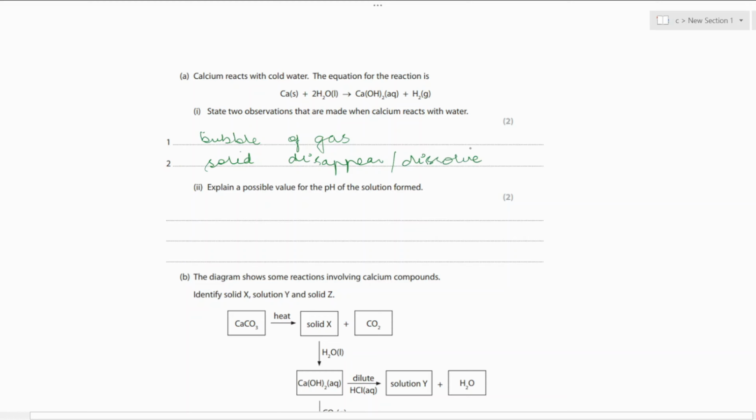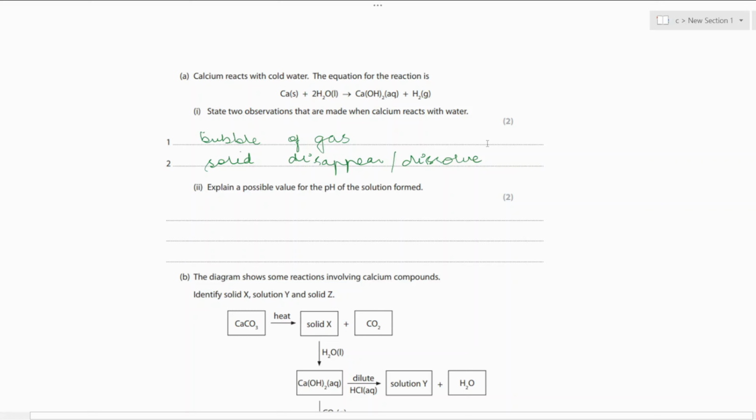So this is a general question in this type of question: what are the different observations? These two are the most common observations. You might say that a solid appears if the reaction happens in case of precipitation, or in case of soluble salts where the soluble salts are made, you can say that the solid disappears, the reactant disappears.